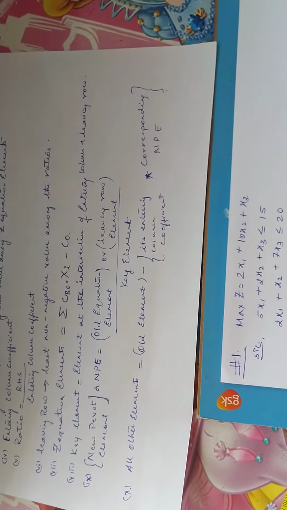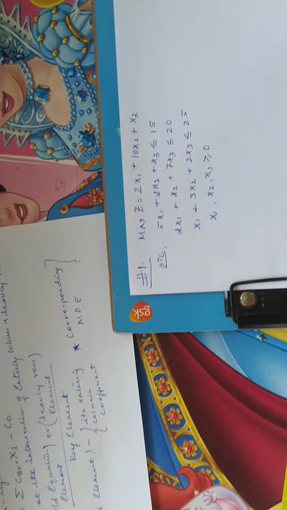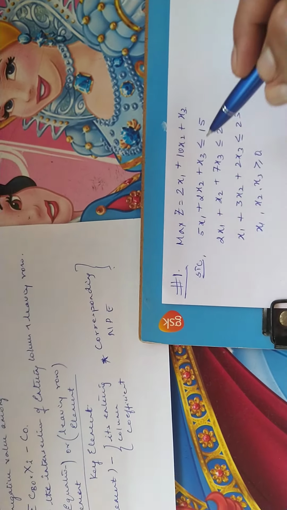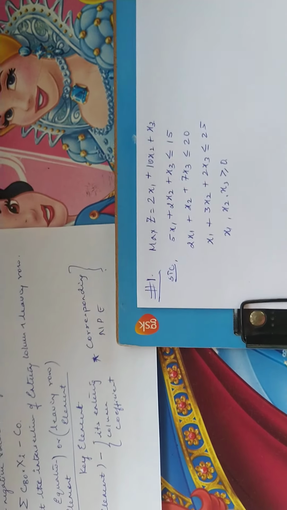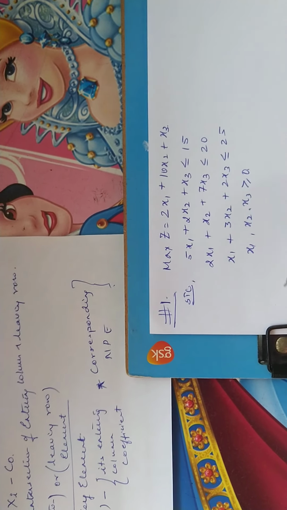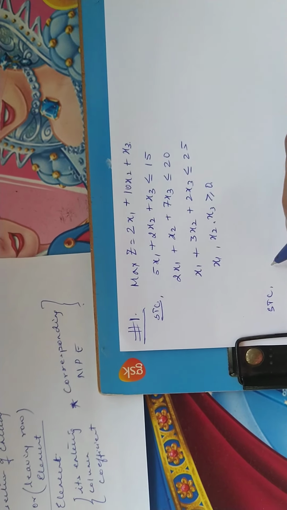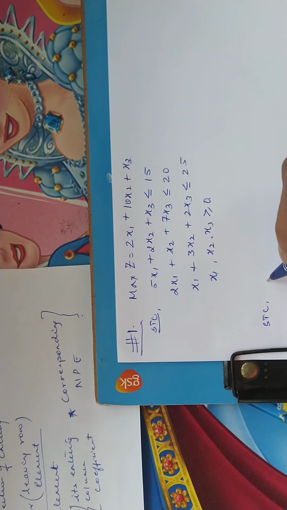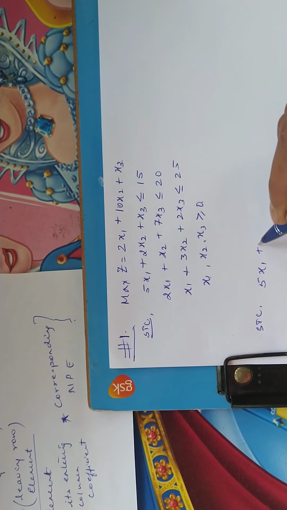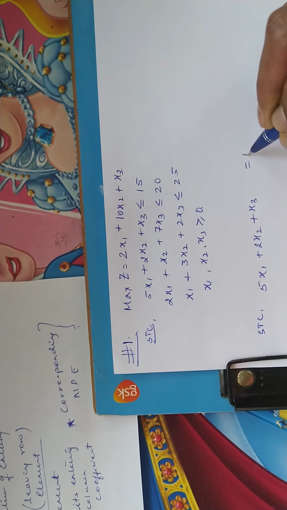Before we get into the solution, we need to bring it into standard format. That is, we need to convert all of these inequalities into equalities by using slack or surplus variables. So I am going to write the constraints once again by converting the inequalities into equalities. 5x1 plus 2x2 plus x3 must be equal to 15.